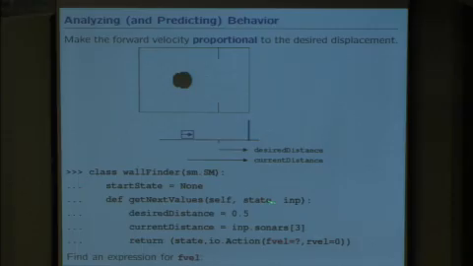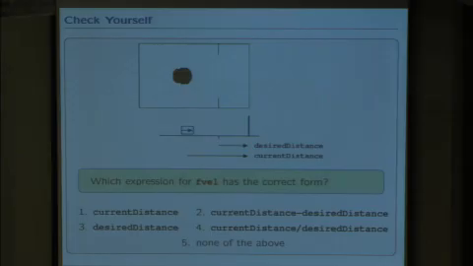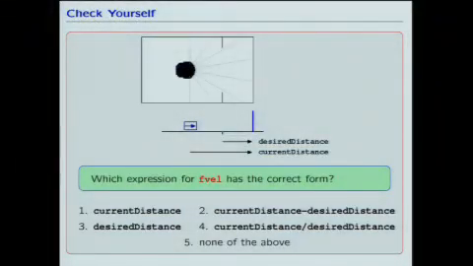What this get next values routine does is it establishes the desired distance to be half a meter. It figures out the current distance to the wall by reading the sonars, and then it specifies an action. So the first question is, what would you like fval to be in order to make a proportional controller? Which of those expressions makes sense? Take 30 seconds, talk to your neighbor, figure out some answer between 1 and 5. I will ask you in 30 seconds to raise your hand with that number of fingers.